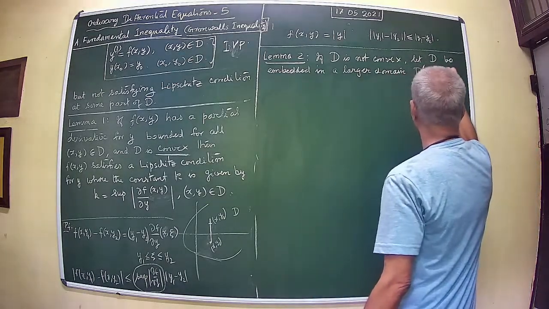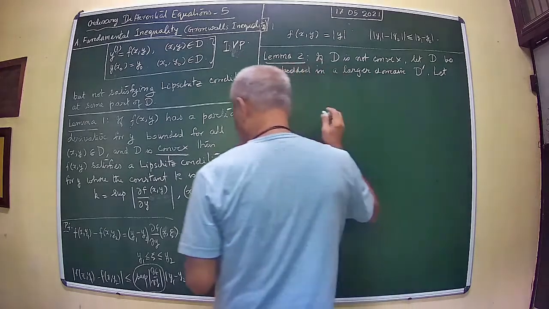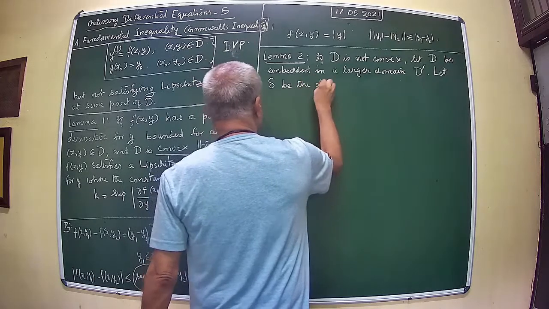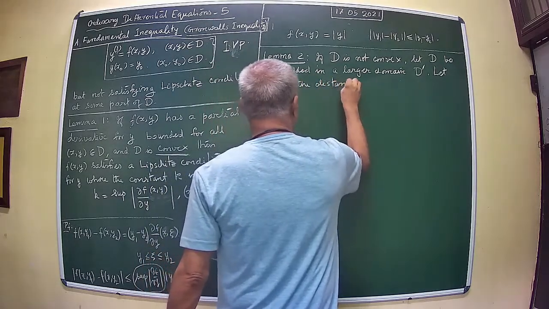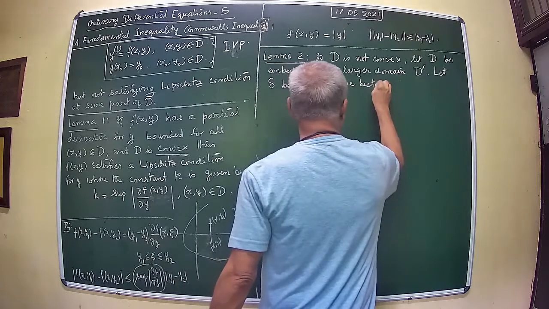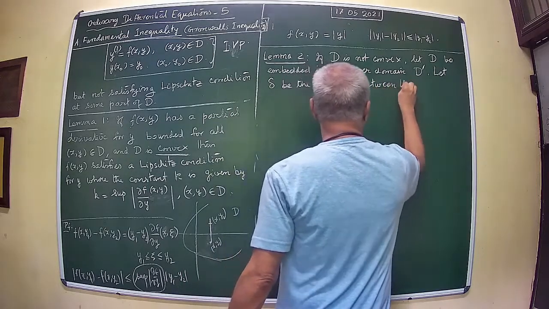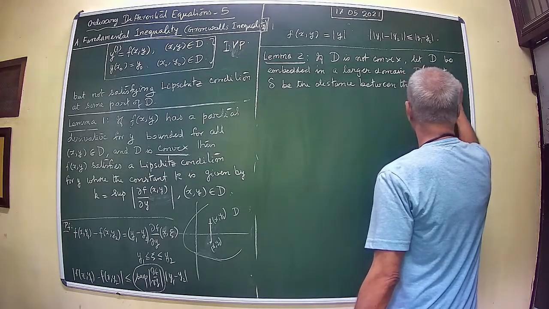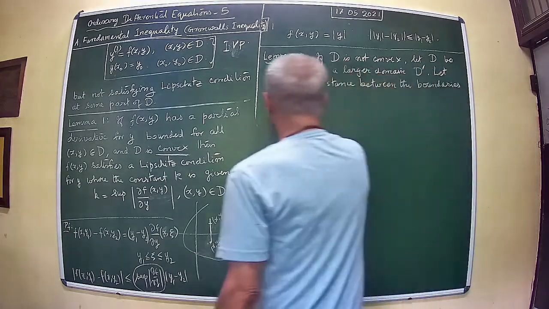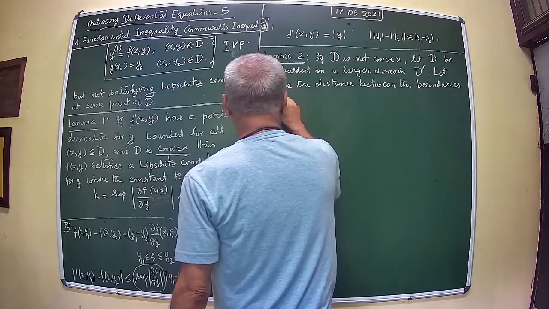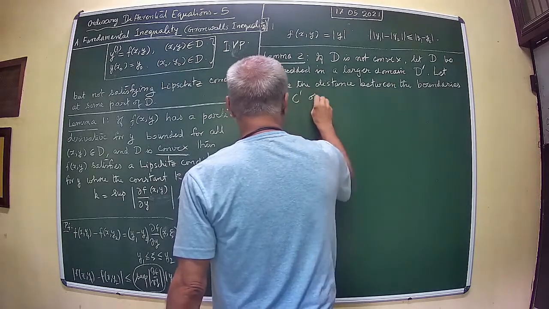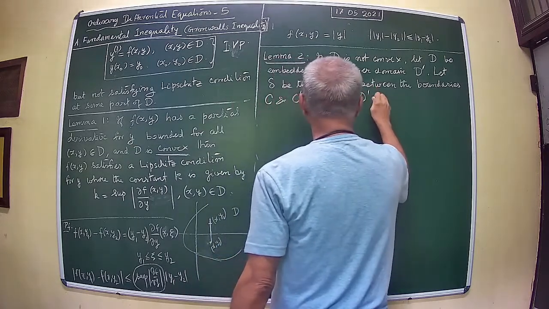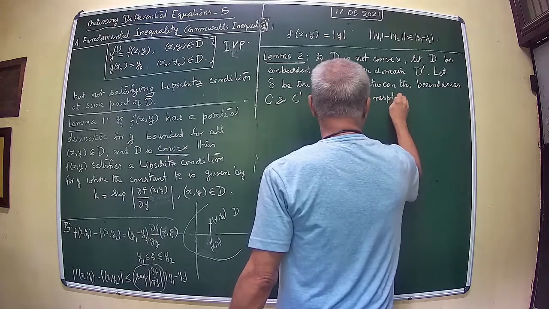Let delta be the distance between the boundaries C and C prime of D and D prime respectively.